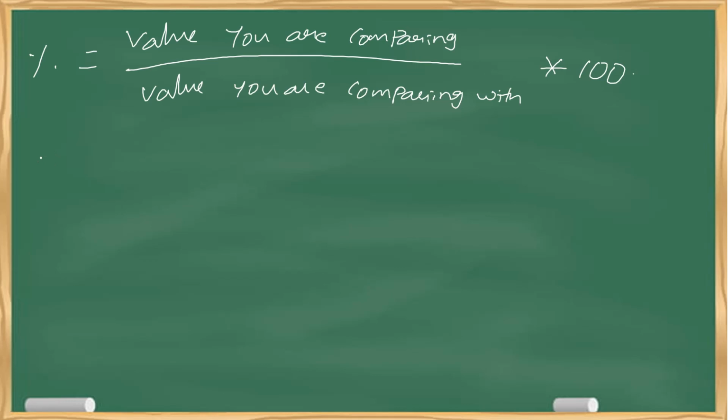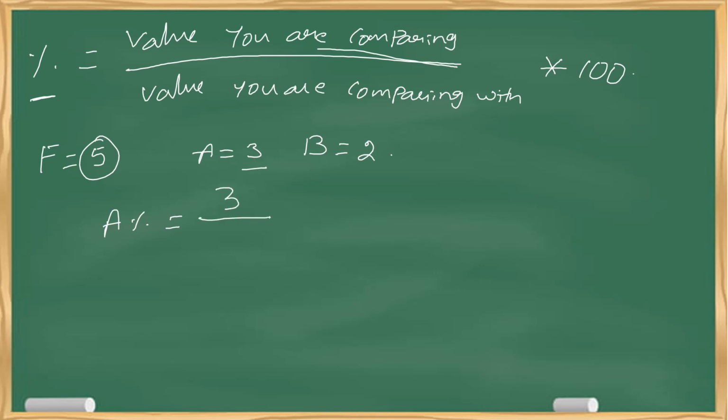Now a simple thing, in the previous question, the father used to get 5 chocolates, A used to get 3 chocolates and B used to get 2 chocolates. This is the question we see. Now percentage: A's percentage I need to find. Now tell me, what value are you comparing here? A's value is being compared.